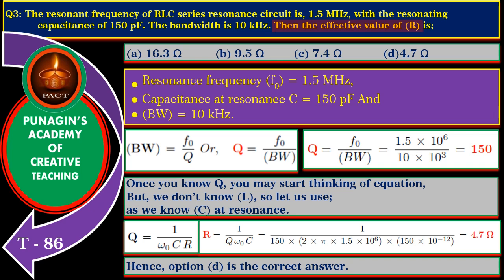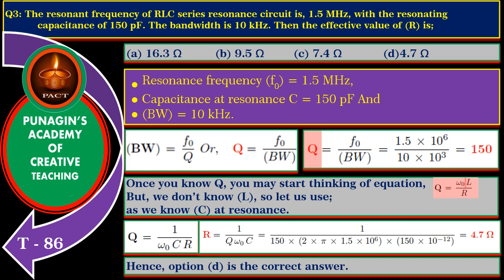We are required to find the value of R. We know bandwidth is equal to F0 by Q, and by substituting the values and solving, we get Q is equal to 150.